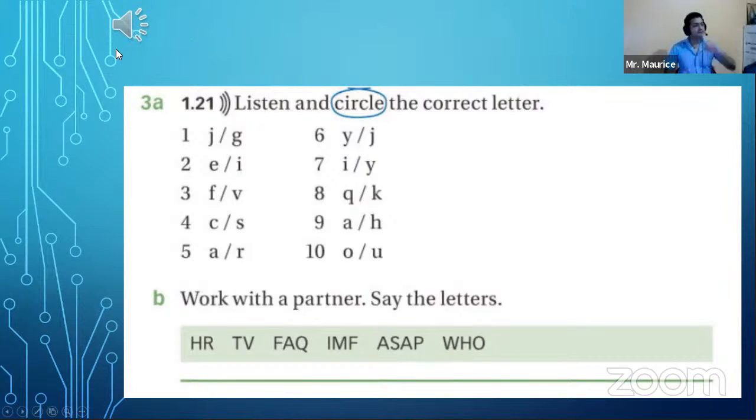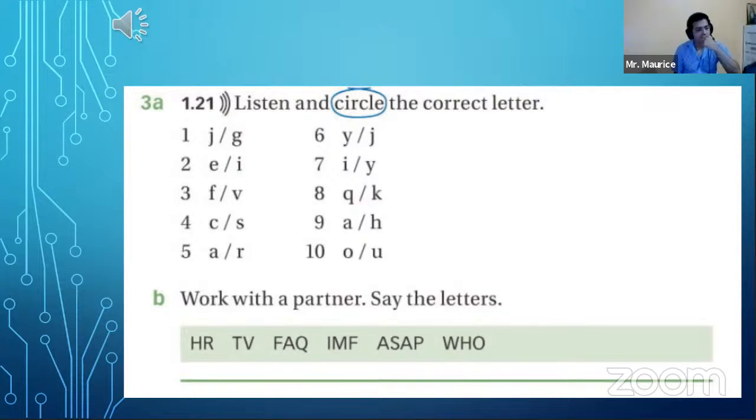Audio 1.21. 1. G. 2. E. 3. F. 4. C. 5. R. 6.